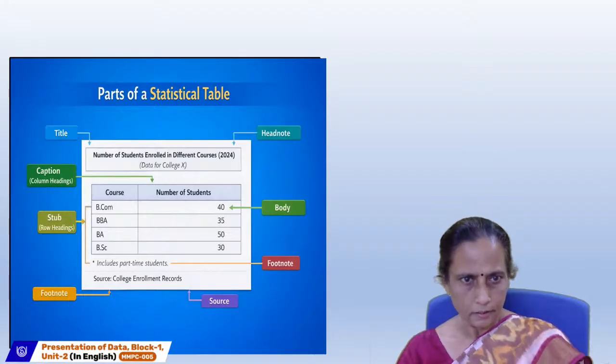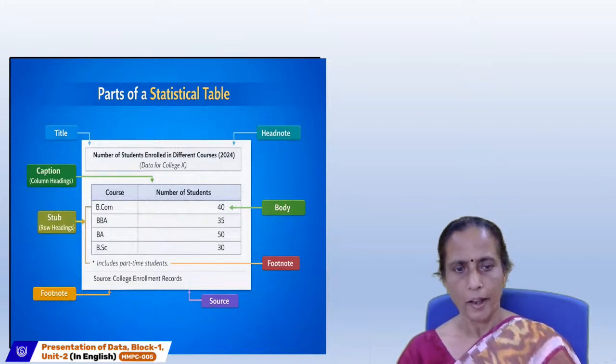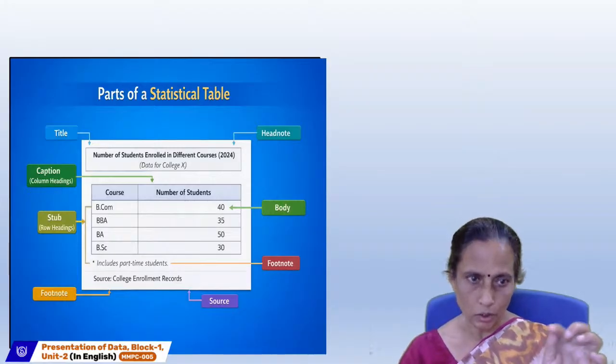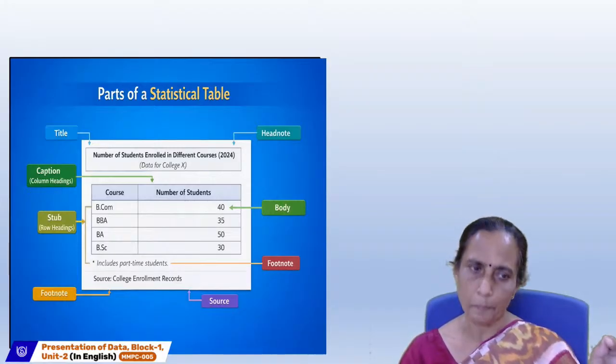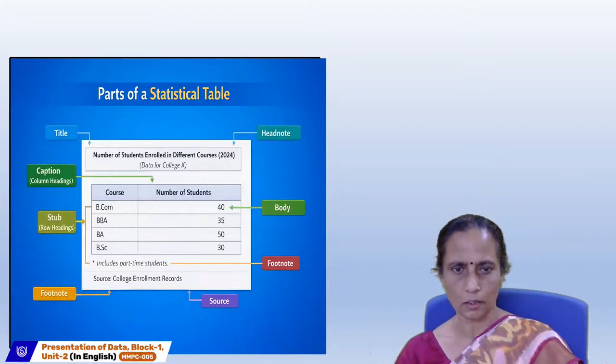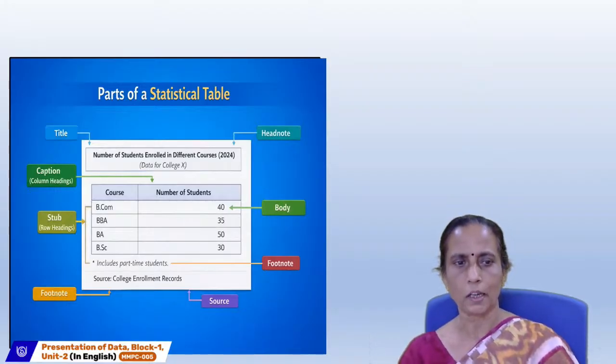The course and number of students that we have written are called your caption or column heading. Each row is called a row head, or a stub, and all the rows together, the records in the table, are called the body of the table.